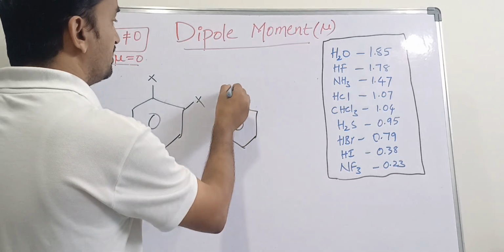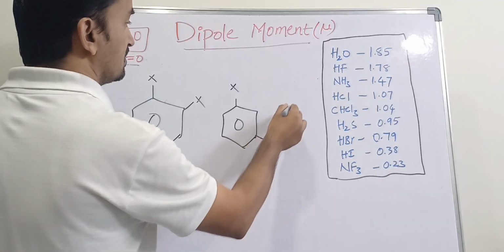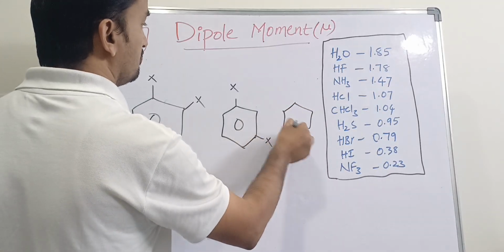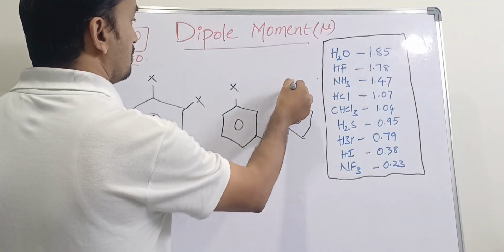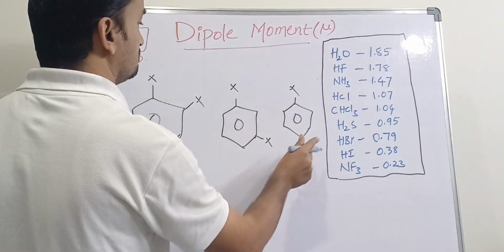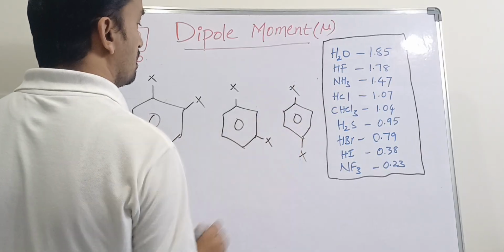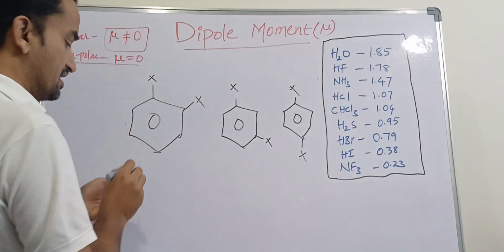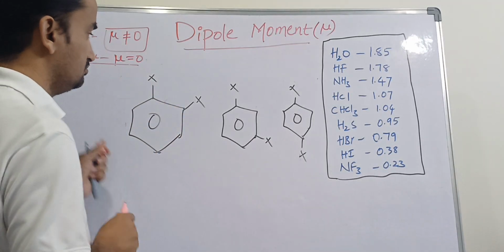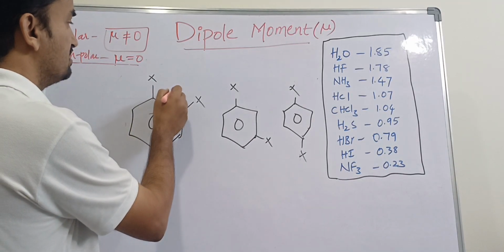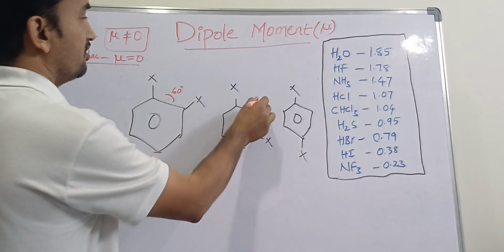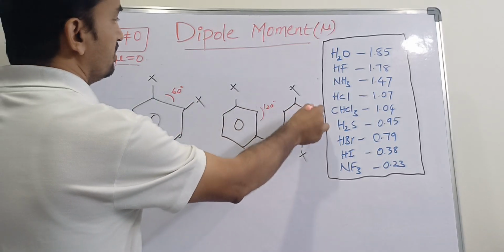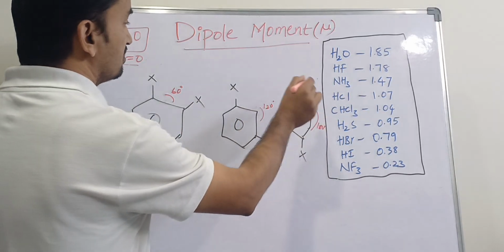It can be at the meta position, it can be at the para position, right? Here the angle is 60 degrees, here it is 120 degrees, here it is 180 degrees.